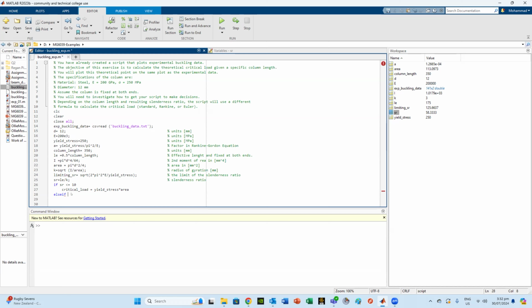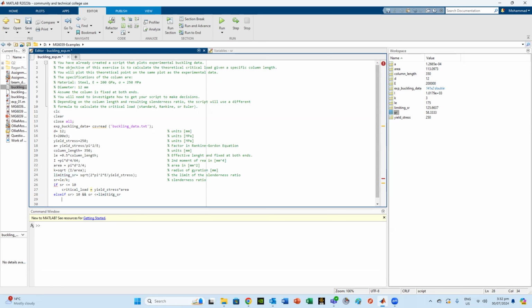Else if here would be slenderness ratio, SR, is bigger than 10, and another statement. So we have bigger than 10 and SR is smaller or equal to the limit, which is the limiting slenderness ratio.